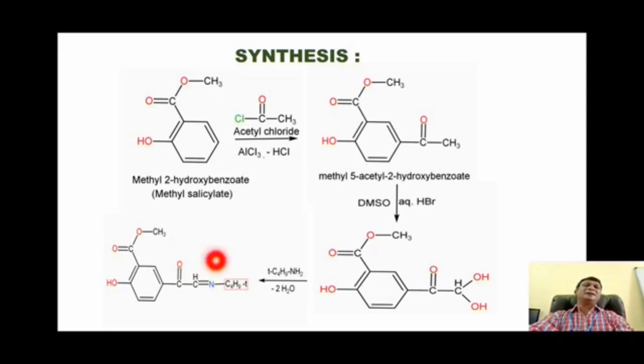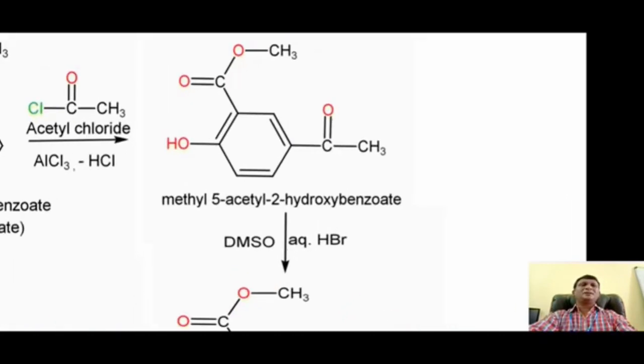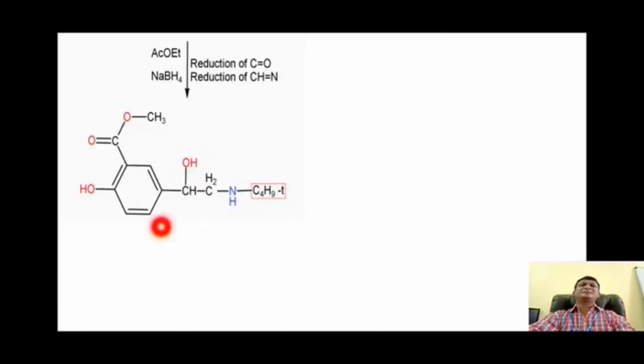That means this imine gets converted to amine and this carbonyl group gets converted to alcohol. So this gives us the formation of our next compound, this one.